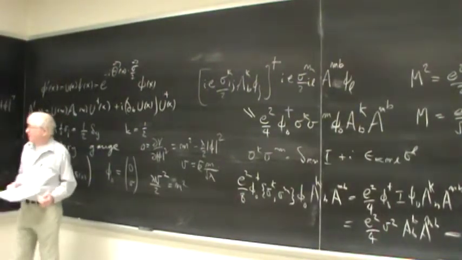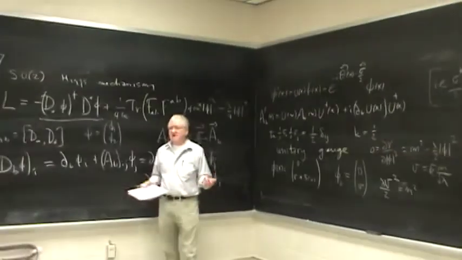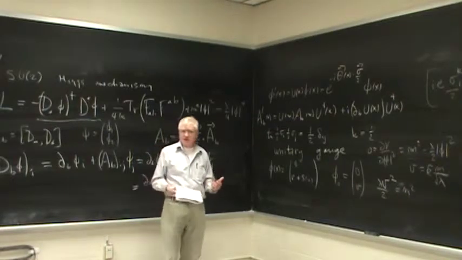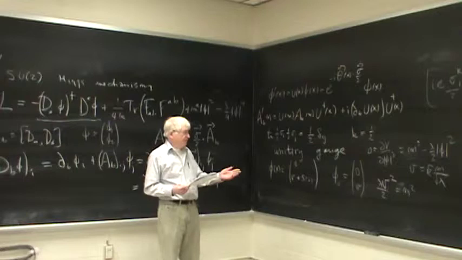The group H, by the way, that leaves the vacuum invariant, well, it's just the identity element, because all the SU(2) generators move (0, v).